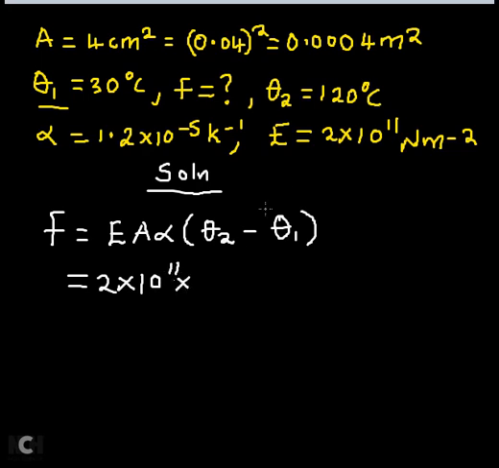The area we've already calculated, let me put that in standard form: 4 times 10 raised to the power of minus 4. Then multiply by the alpha, linear expansivity, 1.2 times 10 raised to the power of minus 5. Then temperature change, theta 2 minus theta 1, that's going to be 120 minus 30.